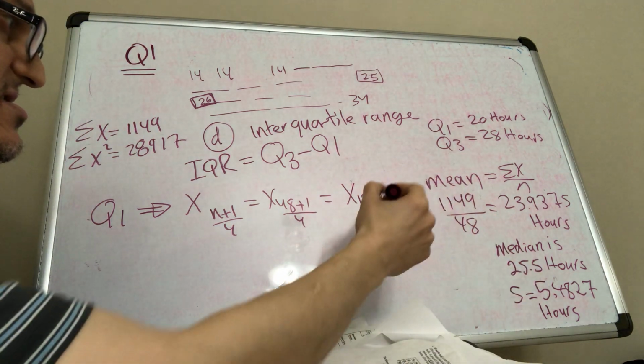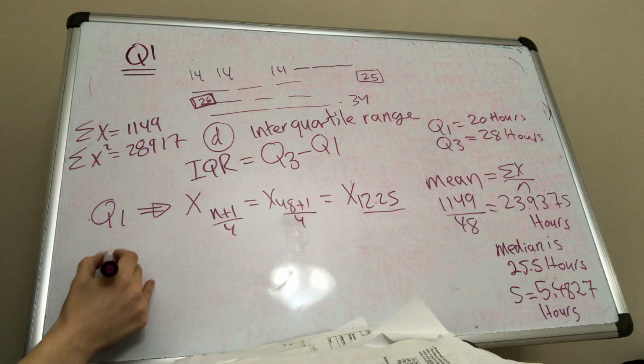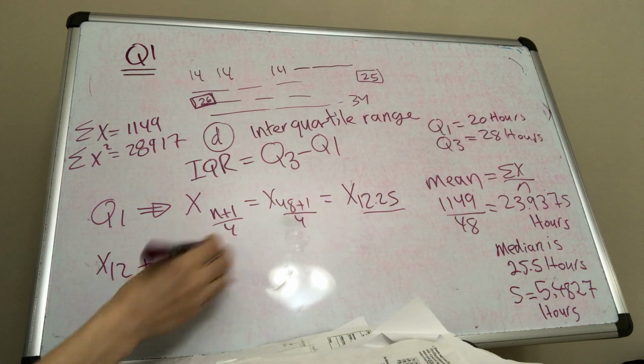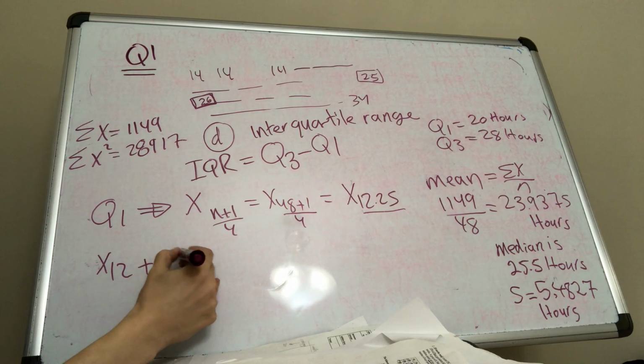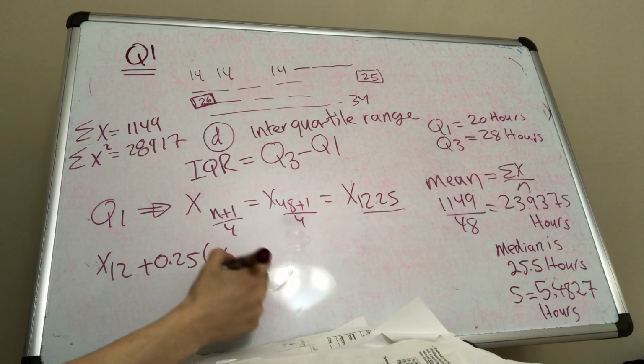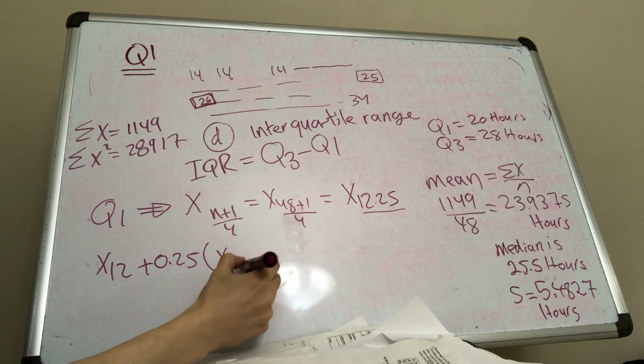And the way to do this is you find the 12th number plus 25% of the difference between this and the one that's after.